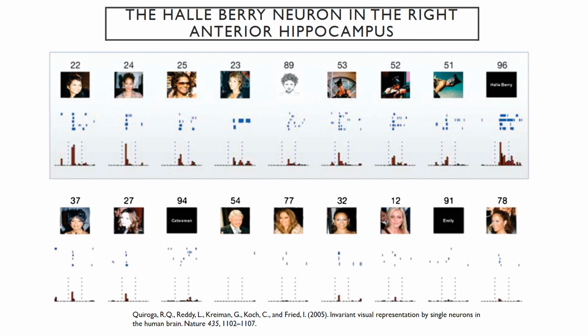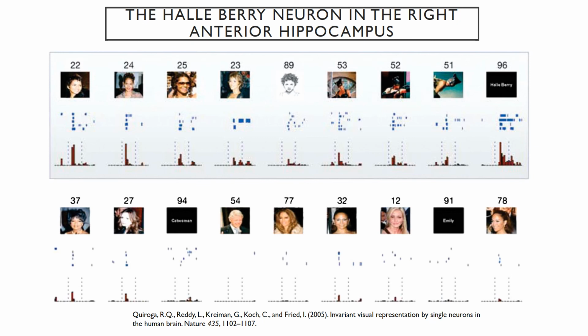When you're implanting this electrode to help control the activity of the brain and prevent seizures, you can also record activity. In this study, they were recording in the hippocampus, and they were presenting these individuals with images of famous people.